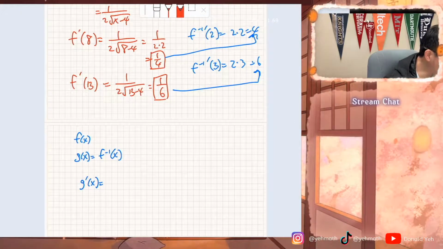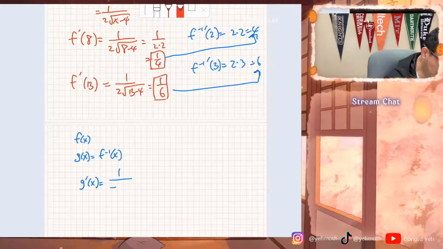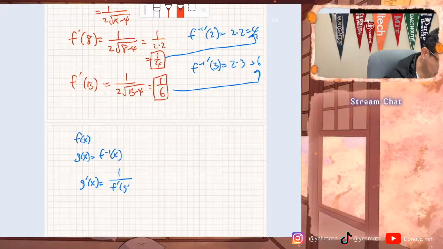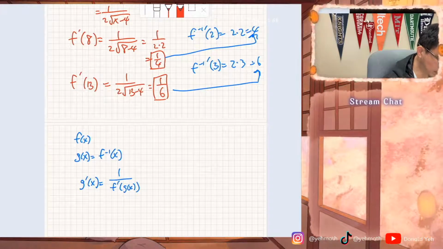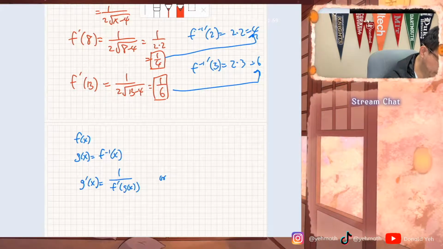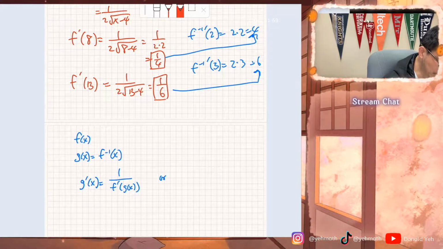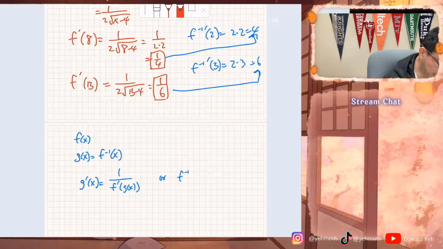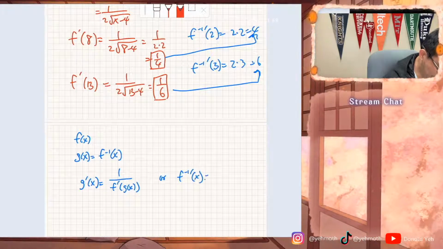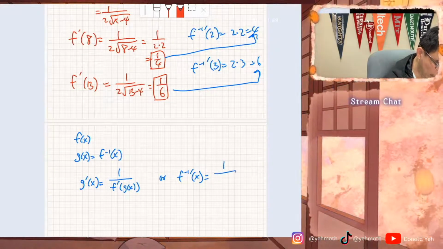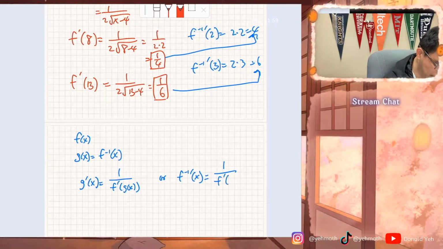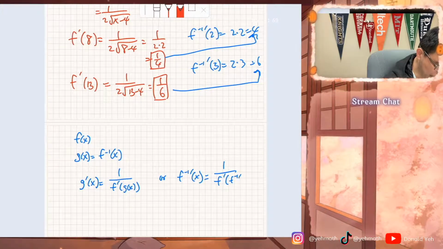So g prime of x is equal to 1 over f prime of g of x. Or I can do f inverse prime of x, which is so much harder to write, is equal to 1 over f prime of f inverse of x.